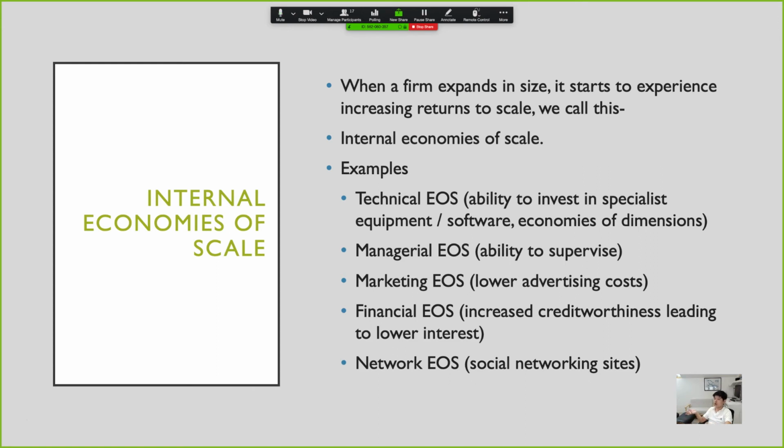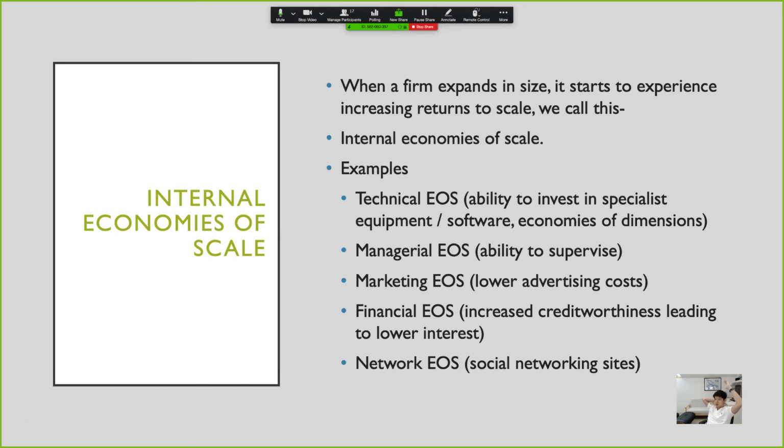Financial economies of scale will be like, let's say, now in terms of this COVID-19 crisis. I don't know what kind of firm is very, very big. Crystal Jade, do you think Crystal Jade is a big firm? I think Crystal Jade is a big firm. Or maybe BreadTalk.